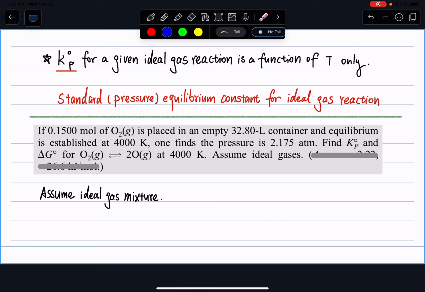That gives you the extent of reaction ξ equals 0.0672 mole.